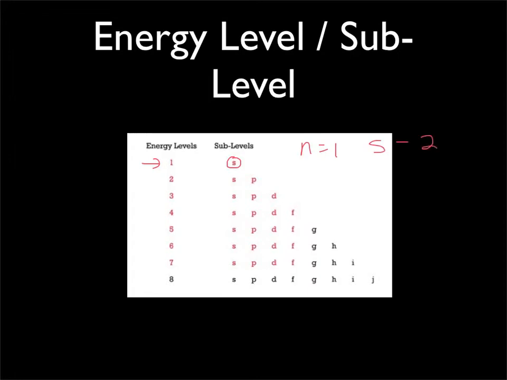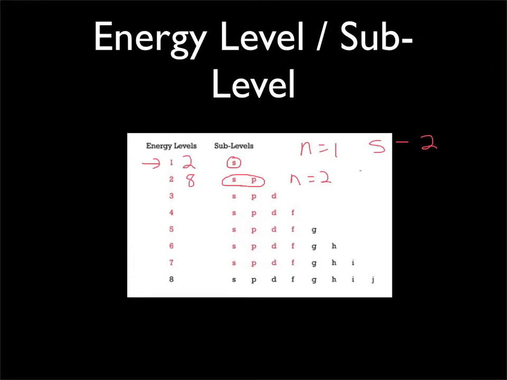In the second level, you have an S and a P sublevel. Remember, 2 squared is 4, times 2 gives me 8 electrons in this level.